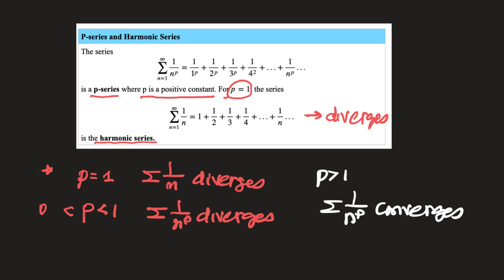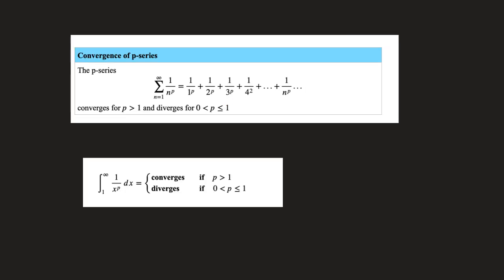Why? I'm going to explain on the next slide. We talked about convergence of p-series on previous slides: p greater than 1 converges, p between 0 and 1 diverges, and p equal to 1, the harmonic series, diverges too. Where does this come from? It comes from the improper integral of p.